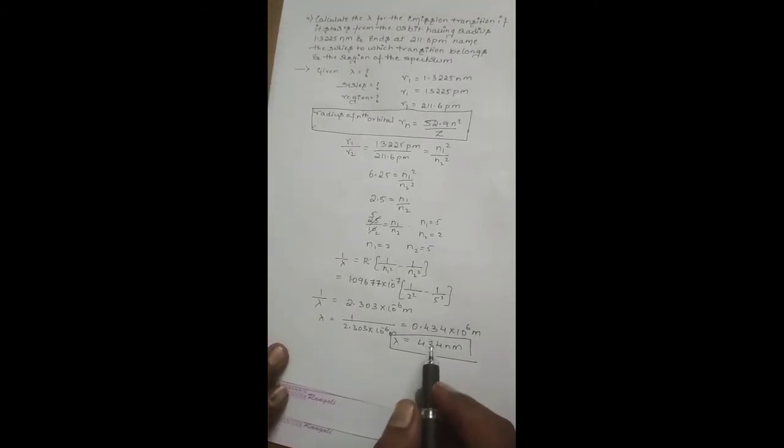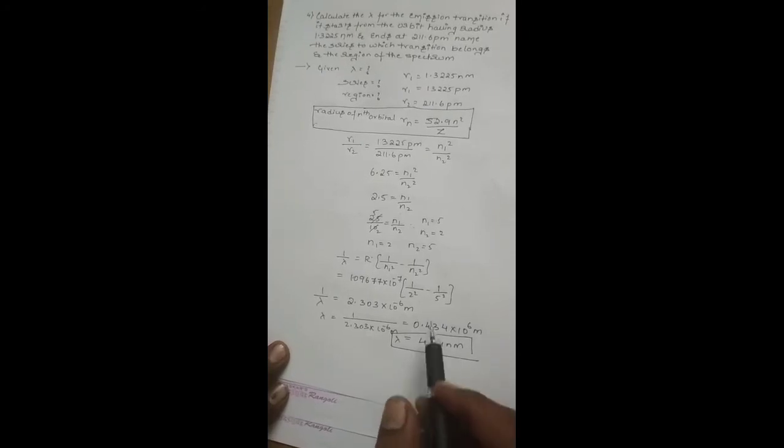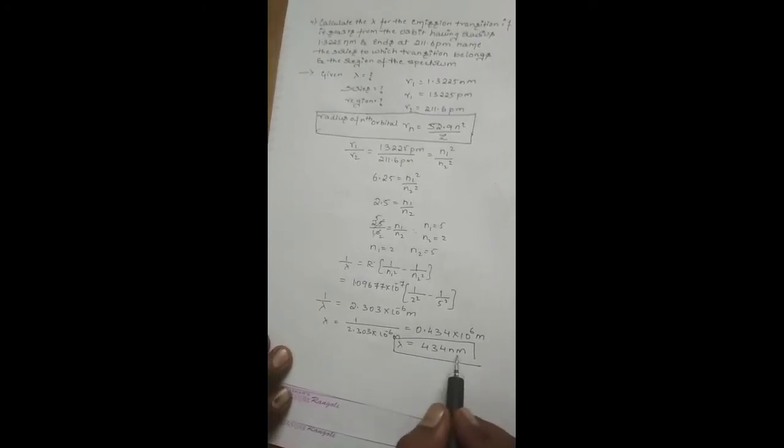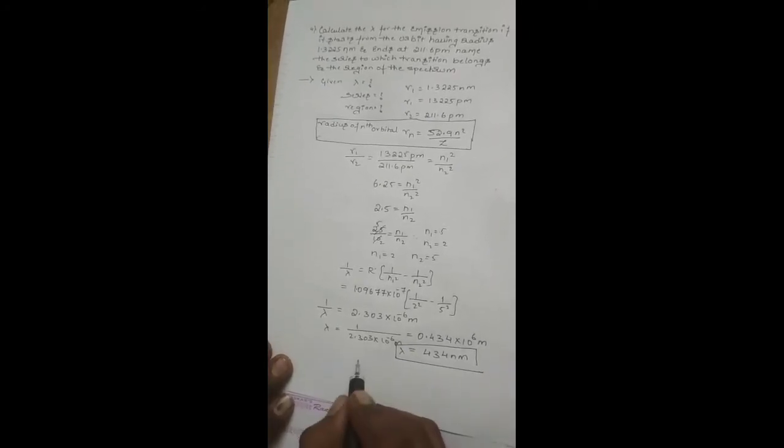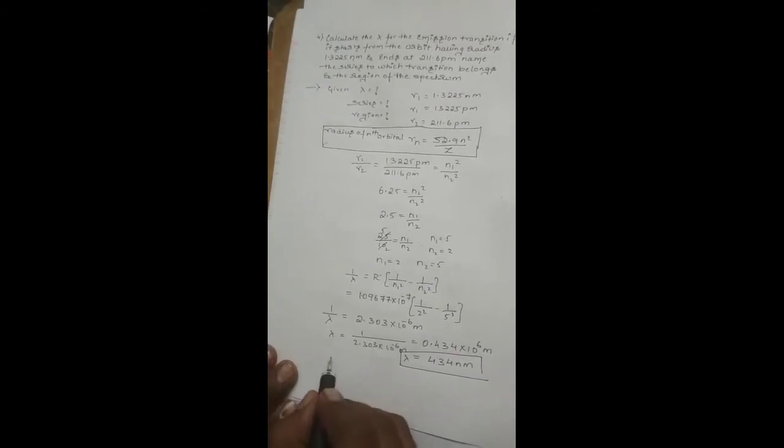We know that lambda 434 nanometers means the visible region. We'll come to electromagnetic radiation.